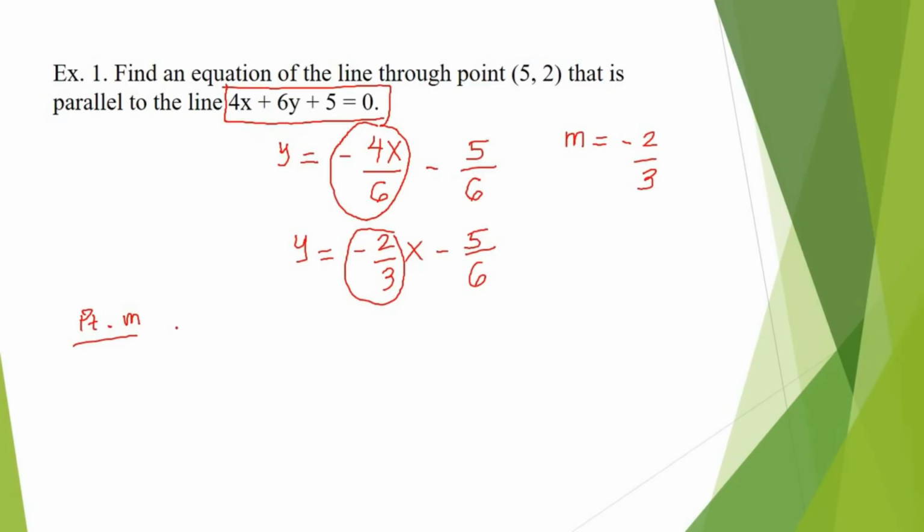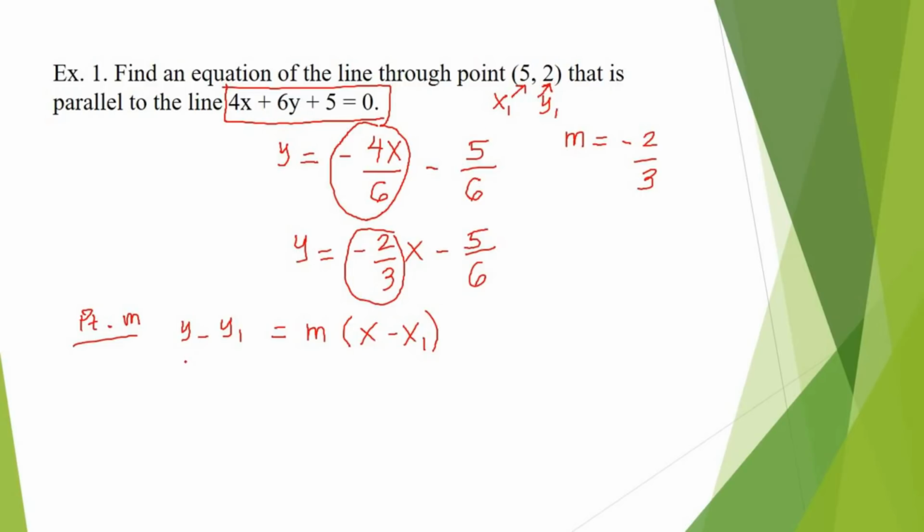The point slope form is y minus y1 is equal to m times x minus x sub 1. Our x sub 1 is 5 and our y sub 1 is 2.